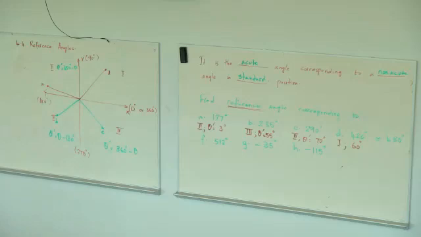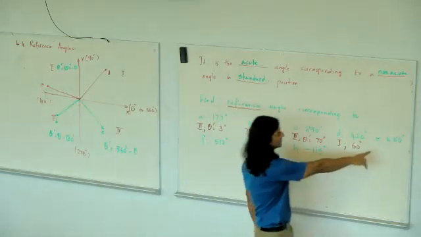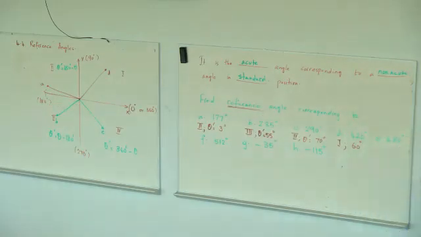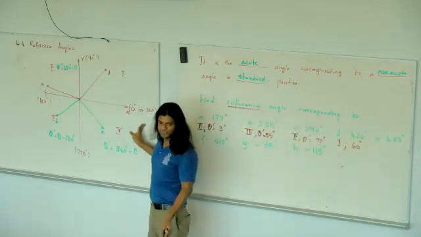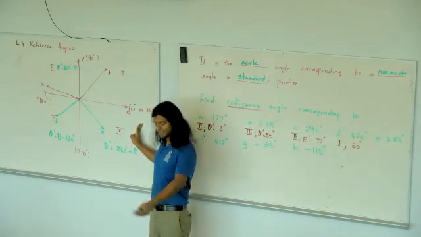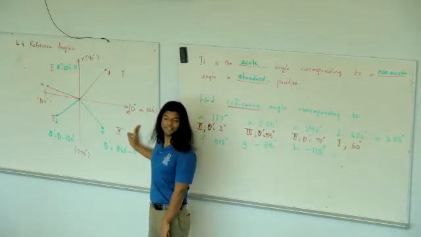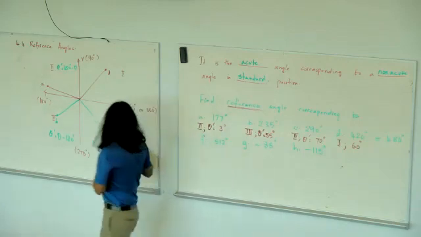Well, if you complete a full revolution, one full revolution would be 360. How far is 480 from 360? 120. Is 120 non-acute? Yes.